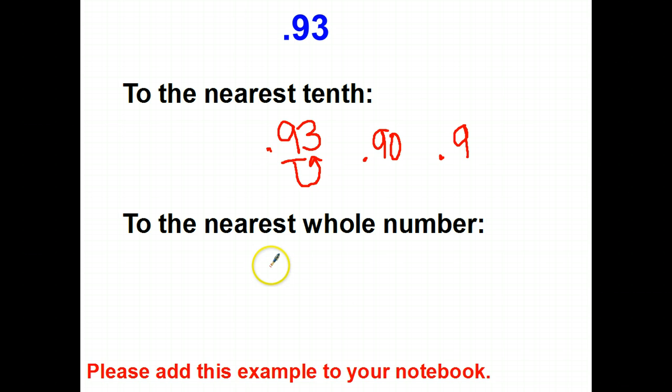Now let's round to the nearest whole number. Wait a minute, there's nothing here. So the sensible thing to do is to represent the nothing that's there. Remember, when we put zeros on the front of a whole number, it doesn't change the value. This still reads 93 hundredths. But now I can quickly look back and see, there's a 9 on the other side of the decimal.